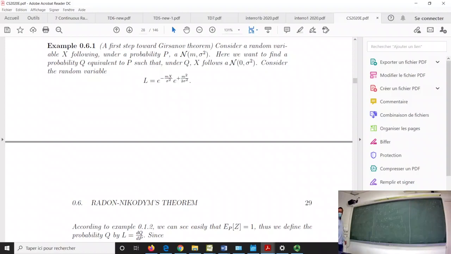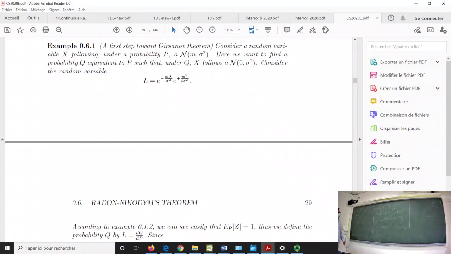But I can replace. I will put this one instead of t. So let's take t equal to t plus i n over sigma square.